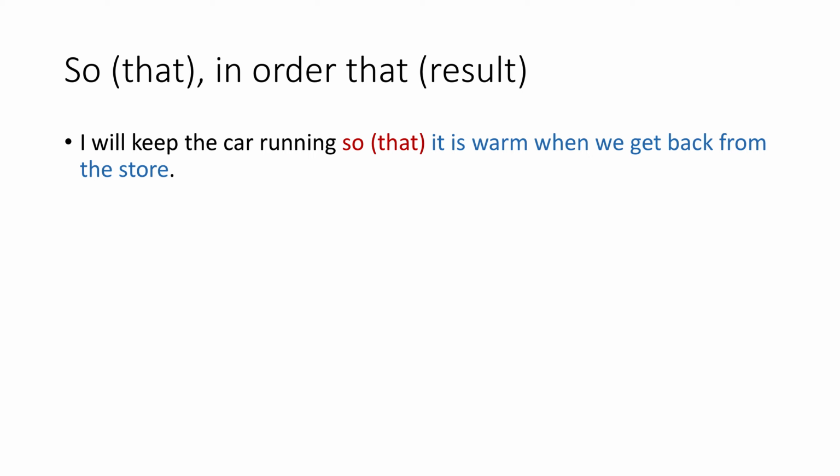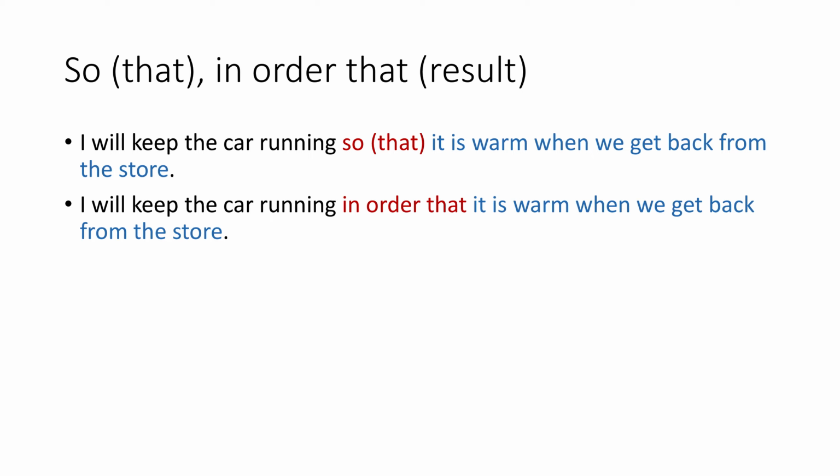If you wanted to use because with this sentence, or change the structure so that you can use because with this, it would be because I will keep the car running, it will stay warm when we get back from the store, something along those lines. Instead of so that, you can also use in order that, and they're exactly the same. Both of these indicate a result.